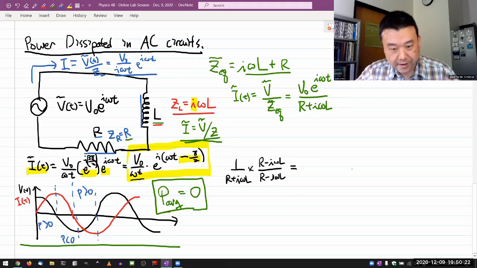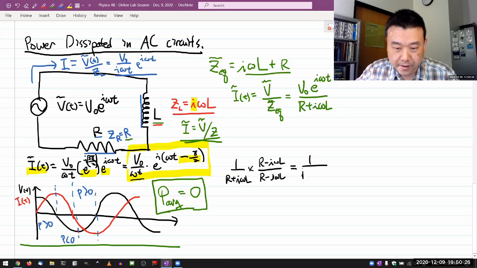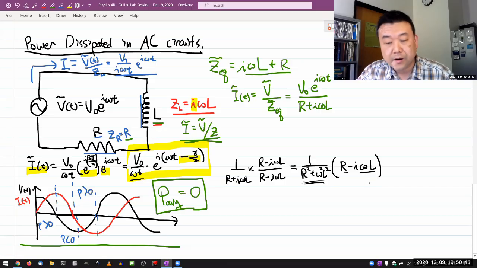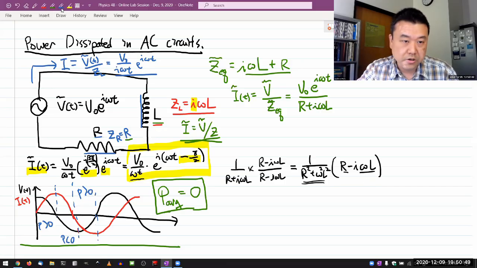And when I do that, I'll have this common factor that multiplies R squared plus omega squared L squared, and then I have this R minus i omega L. So I have this times this as the real part, this times this as the imaginary part, and there's that Cartesian representation.